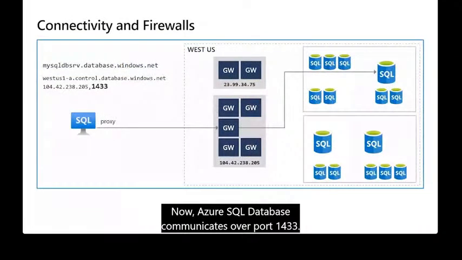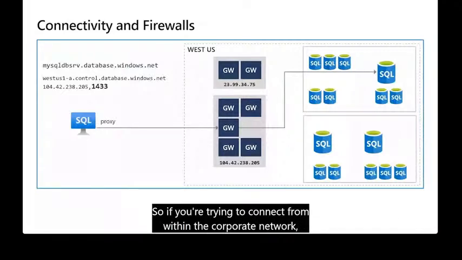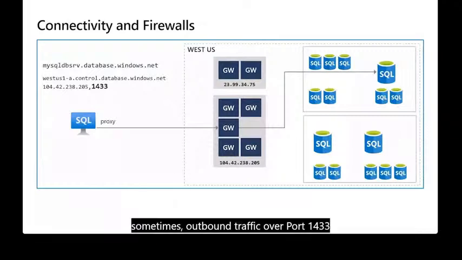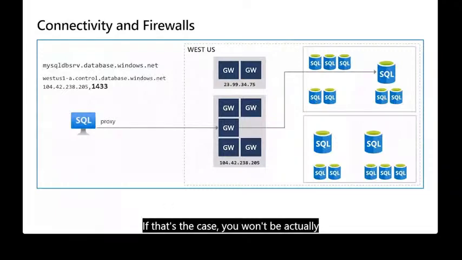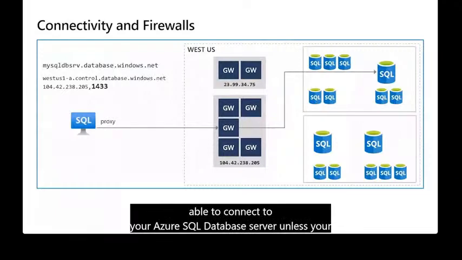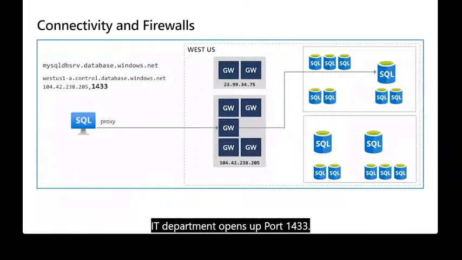Now, Azure SQL Database communicates over port 1433. So if you're trying to connect from within the corporate network, sometimes outbound traffic over port 1433 might not be allowed by your network's firewall. So if that's the case, you won't actually be able to connect to your Azure SQL database server unless your IT department opens up port 1433.